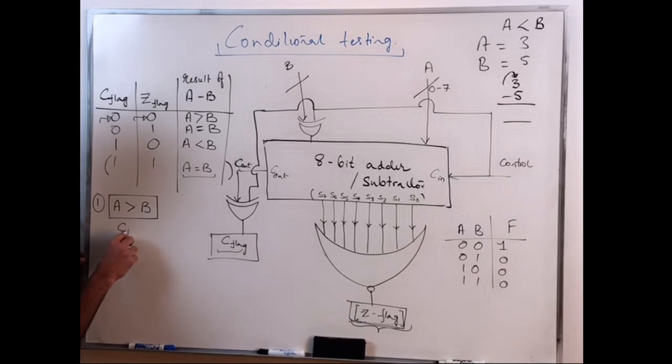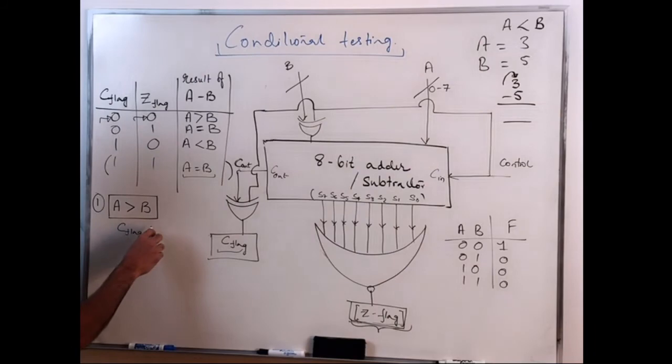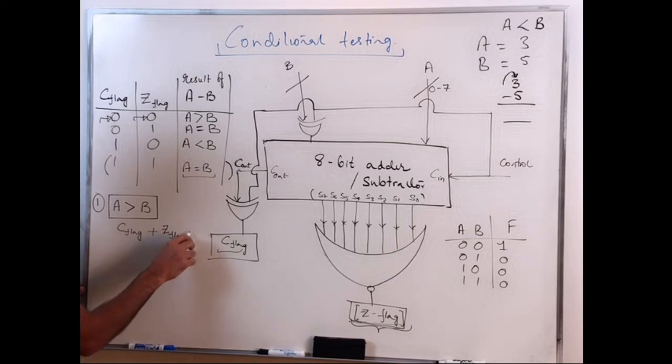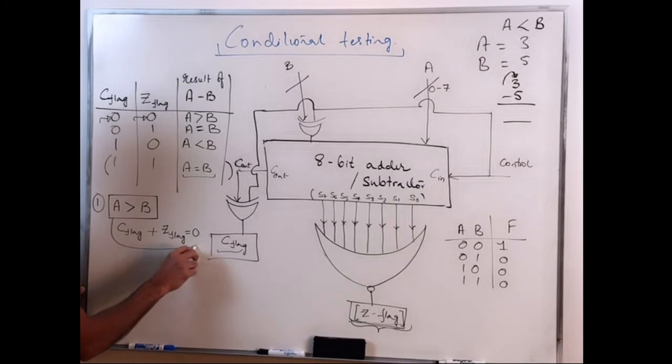In this case, that will be C flag plus Z flag. For A to be strictly larger than B, my C flag and Z flag should be 0. Just examine this expression and see that makes sense.